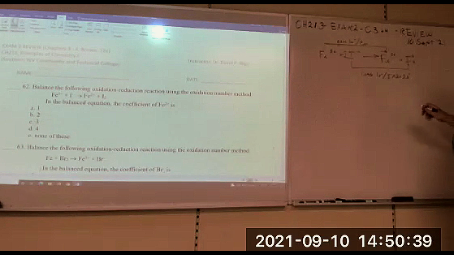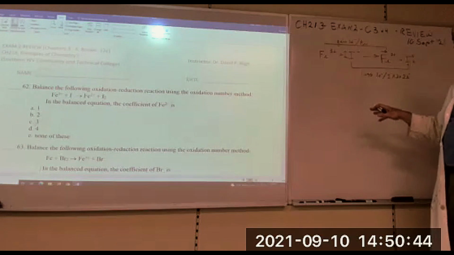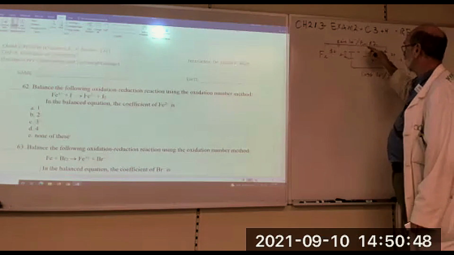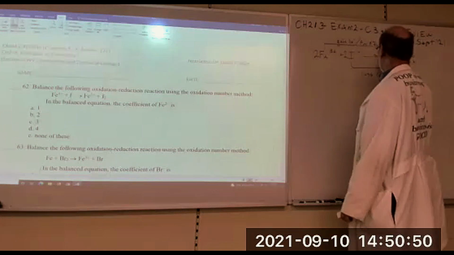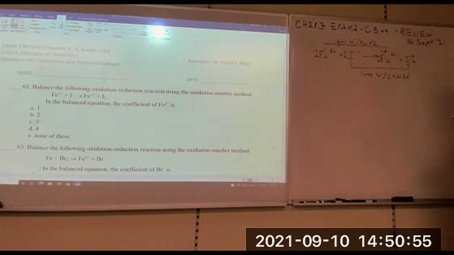So now, if we've got 2 electrons that were lost, we have to have 2 electrons that were gained. There's no other way. Times 2. So times 2 means we need 2 of these and 2 of those. Okay? So it should be balanced now.